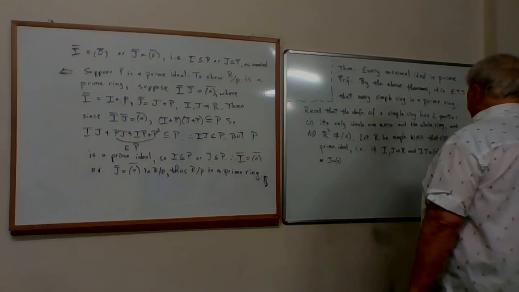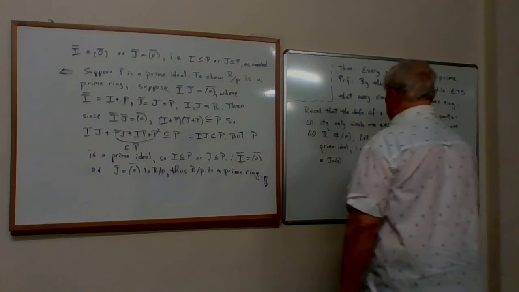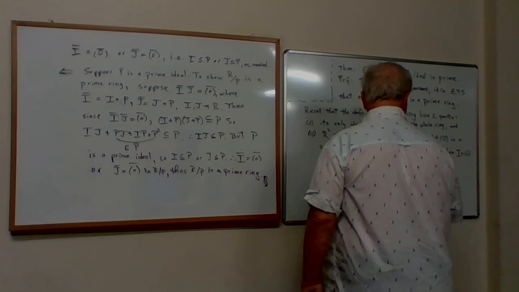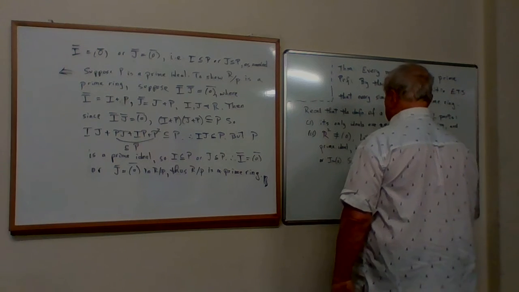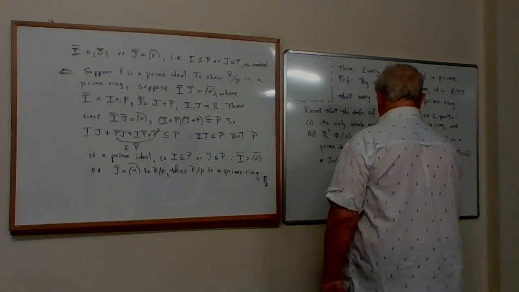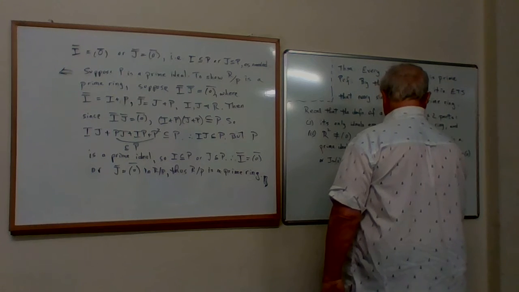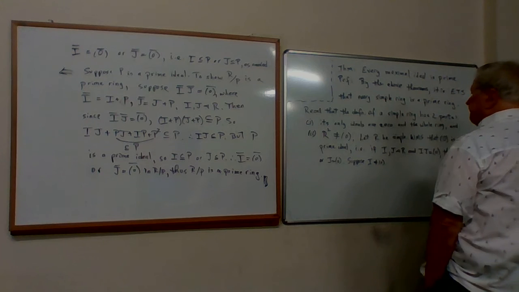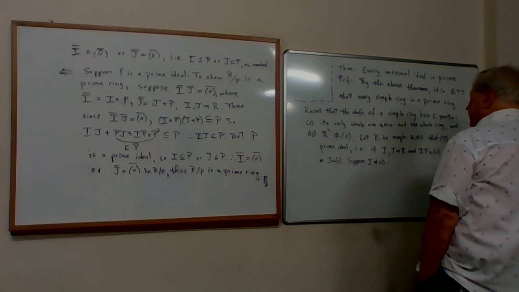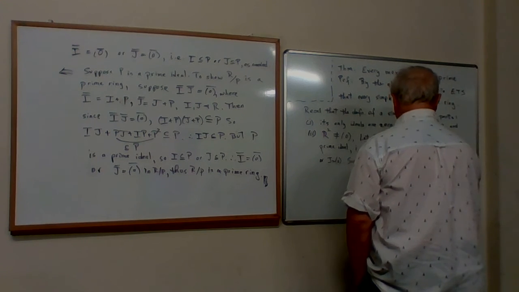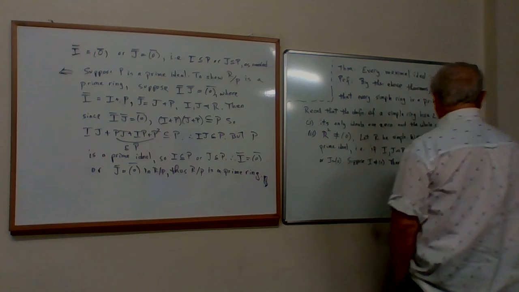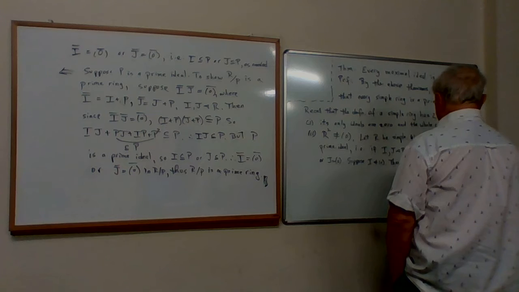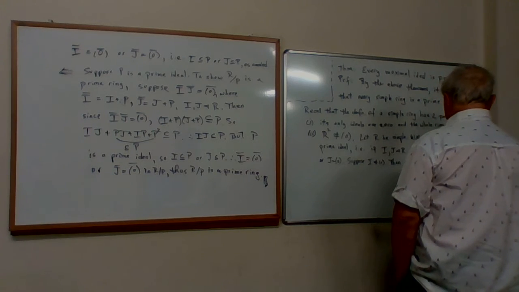Okay? So, suppose that I is not 0. Then we must show J equals 0.